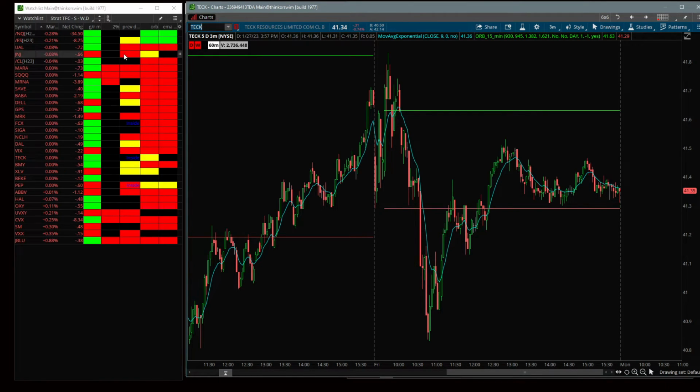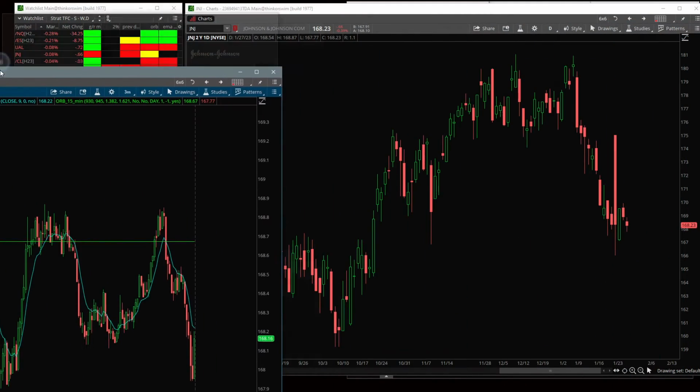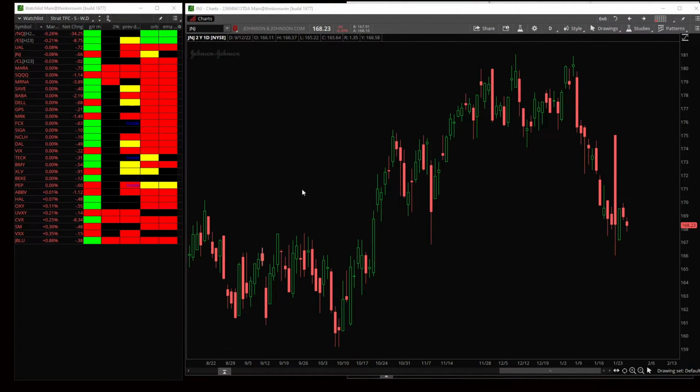So let's take a look at Johnson & Johnson. All right, so Johnson & Johnson's right here. Ended up 0.39, so not 2%. Previous day's low is here.